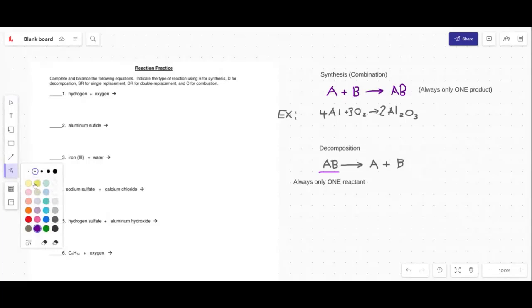And an example of a decomposition reaction might be something like this. You might have magnesium carbonate and that might decompose to magnesium oxide and CO2. Or you could have something a little bit simpler.